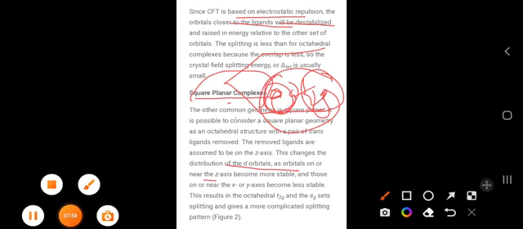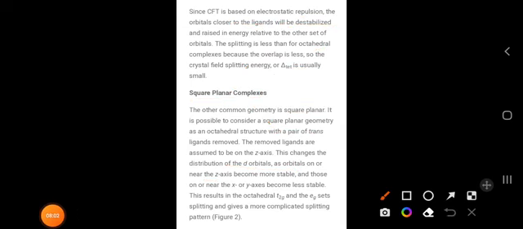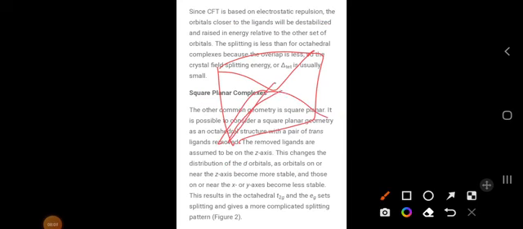So if you see the structure of square planar, this is the structure of square planar. It is similar to octahedral, only if you keep ligands here, this is the octahedral structure.